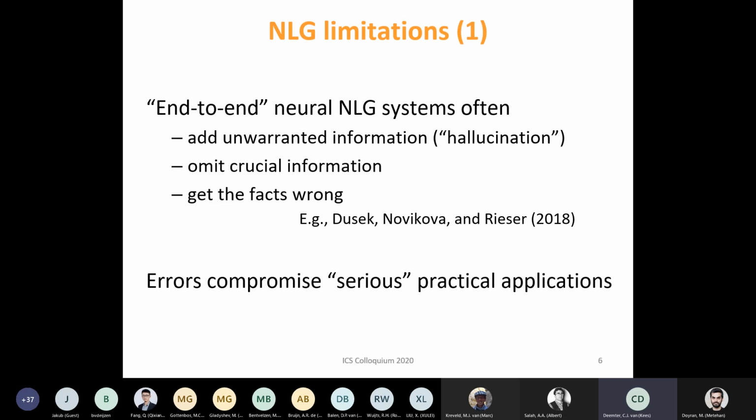So here's a recent paper in 2018, which looked at a very simple class of NLG systems that had actually as their input simple logic-like formulas, extremely simple formulas. And then you can, of course, check the output and see what it does with them.